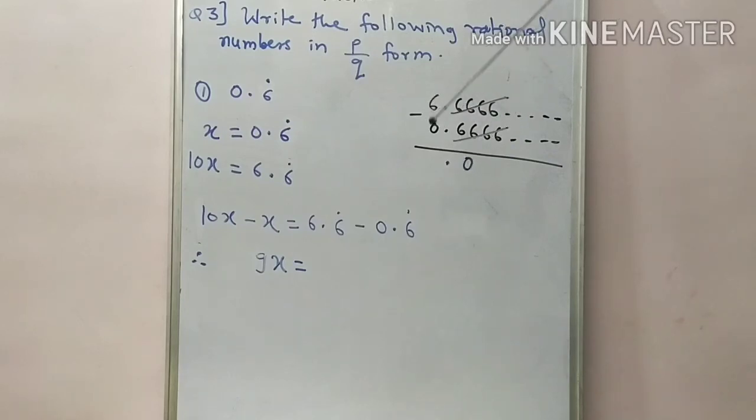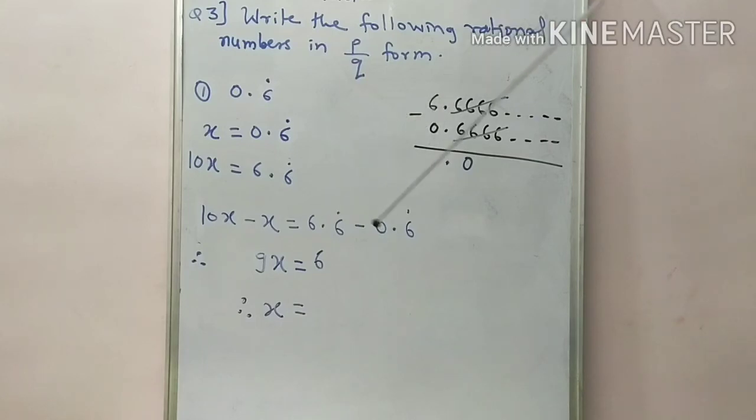So you just subtract the integers. 6 minus 0, the answer is 6. Getting this? In this subtraction, the decimal part, the recurring form, is eliminated, and you just subtract the integer part.